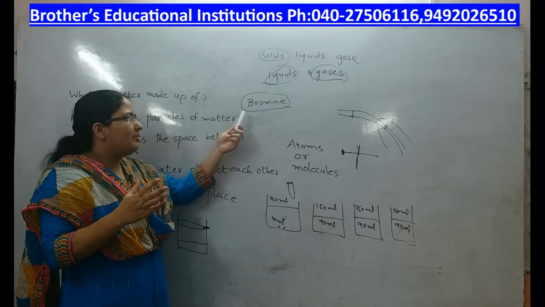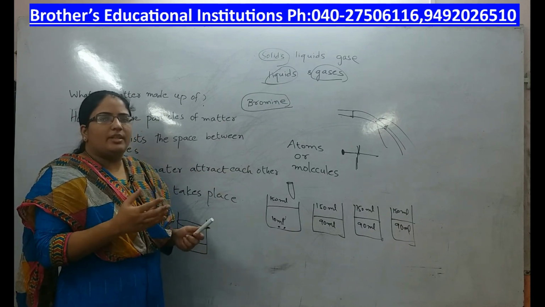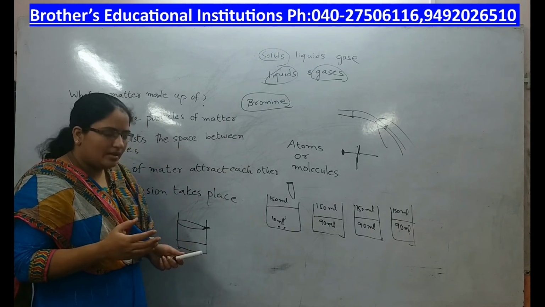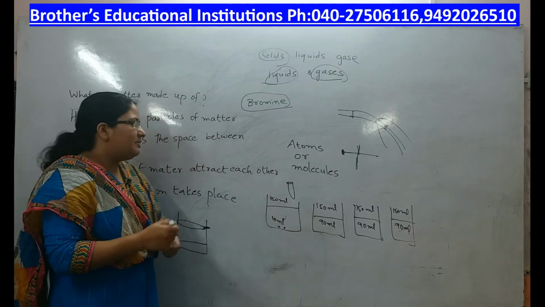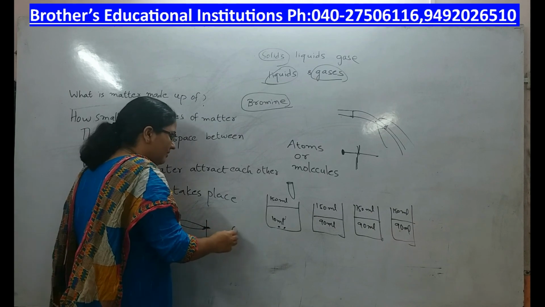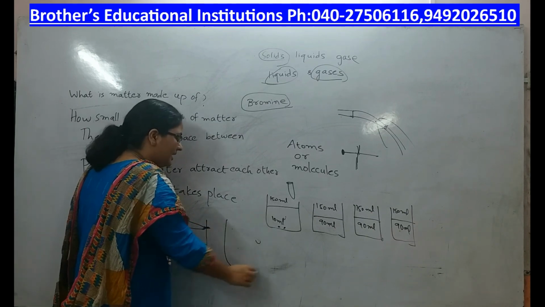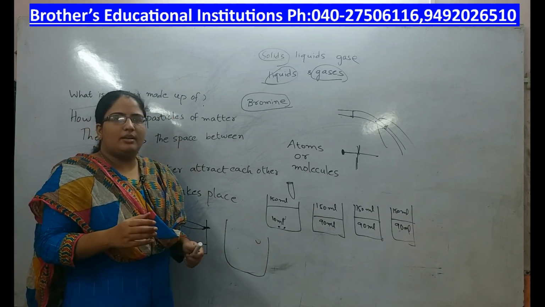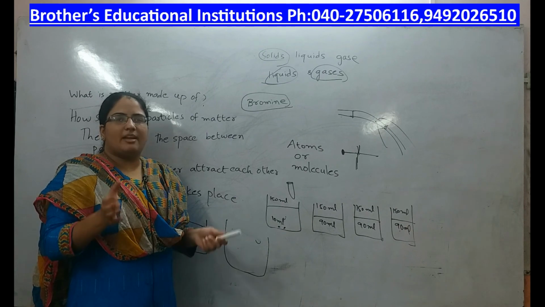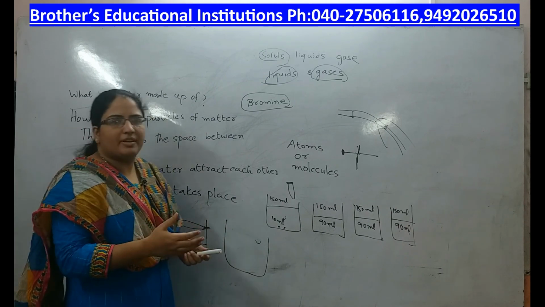Now take the same bromine gas and try to diffuse it in vacuum. Where do you think it will spread faster, in the air or in the vacuum? Vacuum means perfectly empty space without any particles in it. It is just like this: it is easy to move on a road where there is less traffic, and difficult to move on a road where there is more traffic.